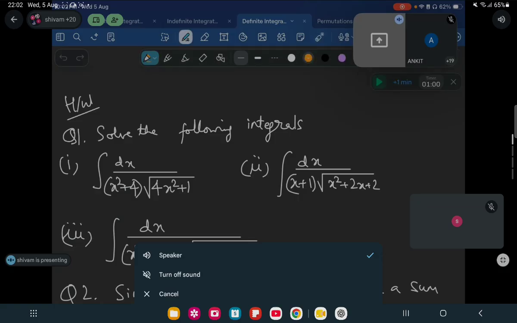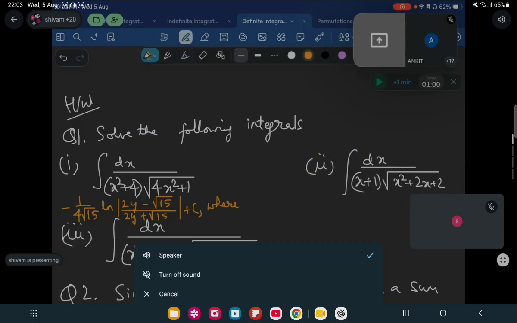Over here, the answer is given as minus 1 by 4 root 15 into ln of mod of 2y minus root 15 upon 2y plus root 15 plus c, where y is equal to root over 4 plus 1 by x square.